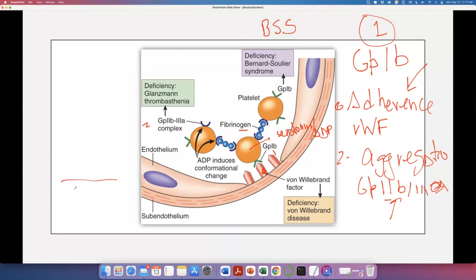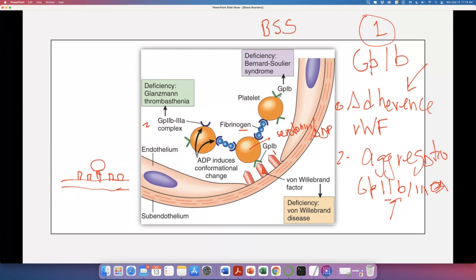Because, for example, in the case of von Willebrand disease, we may use a medication to induce the production of von Willebrand factor. If we create more von Willebrand factor, platelets are going to be able to adhere there, and that's the solution.